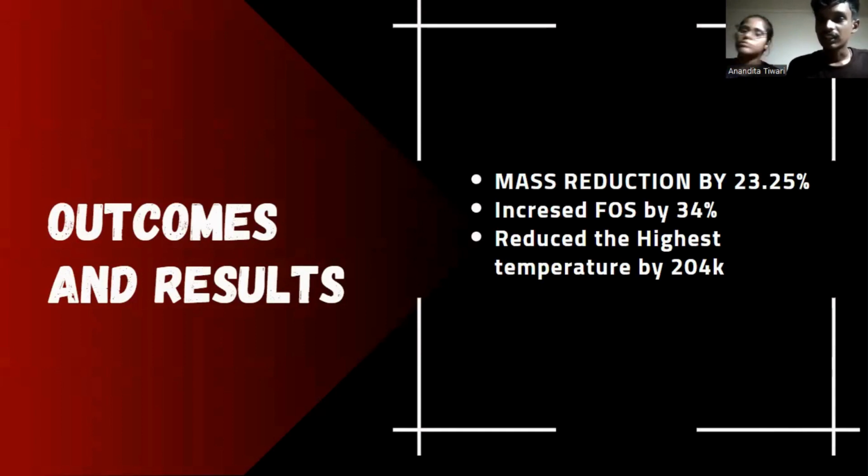We also reduced the highest temperature attained by the brake disc. In the baseline design it was around 1040, and with our optimized one it is around 740. These are the outcomes and results of our project.